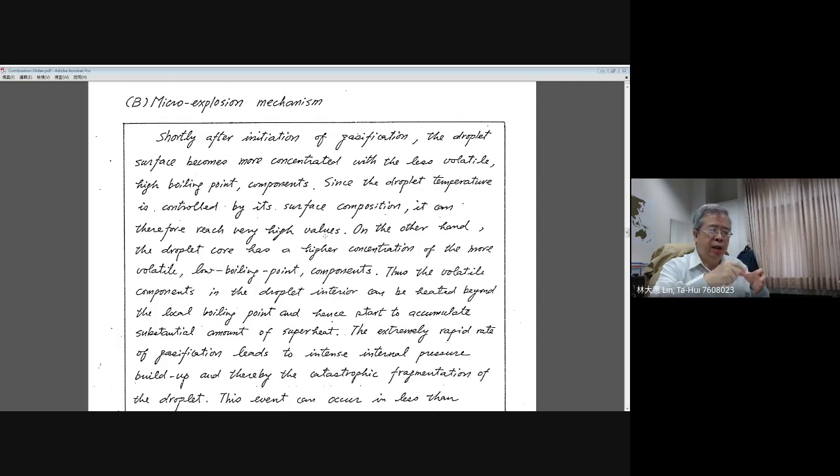Also, in the interior of your droplet, the lower boiling point materials still absorb heat, but you can understand it is easier for the temperature to be higher than its own boiling point, which means in this heat transfer process inside of your liquid droplets, the lower boiling point fuel starts to evaporate.